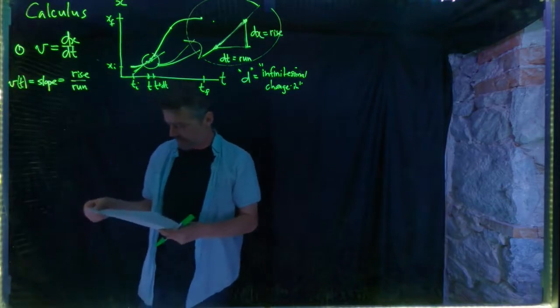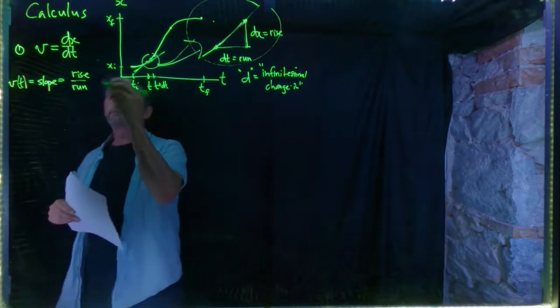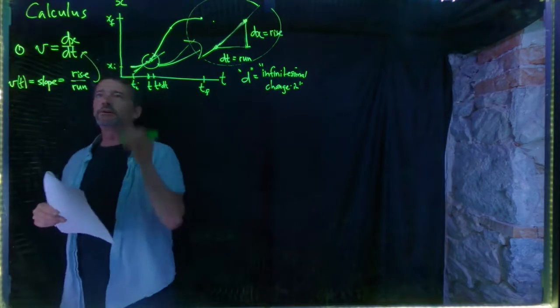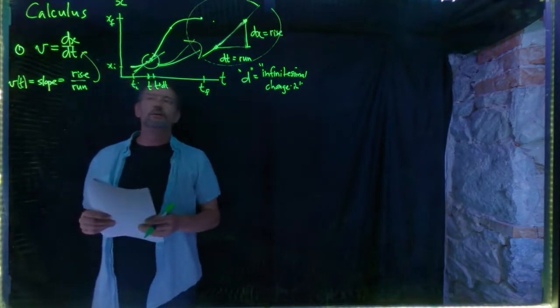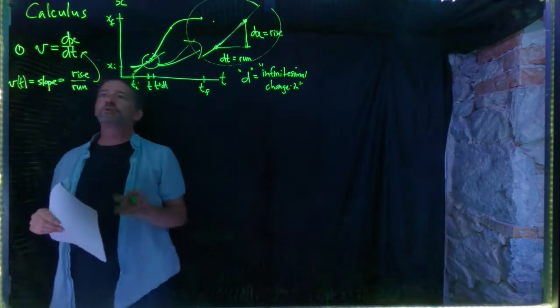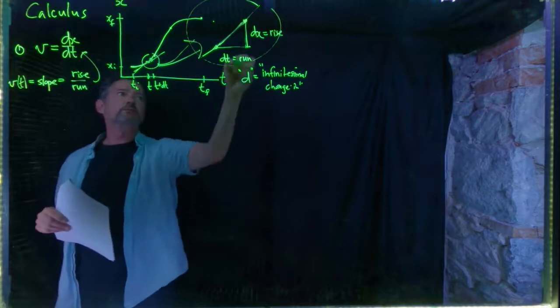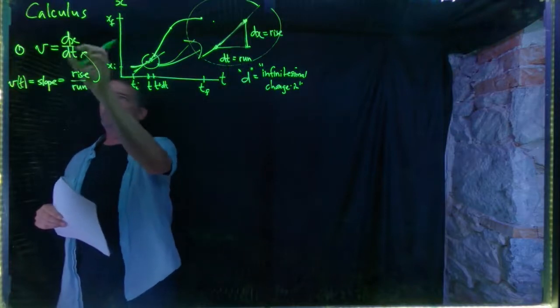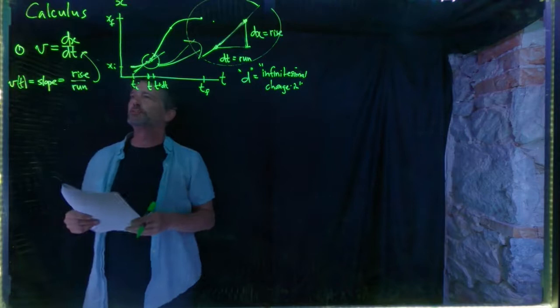Great. So this is dx divided by dt. Now we think of dx as a rise and dt as a run, and we multiply both sides of that equation by dt.